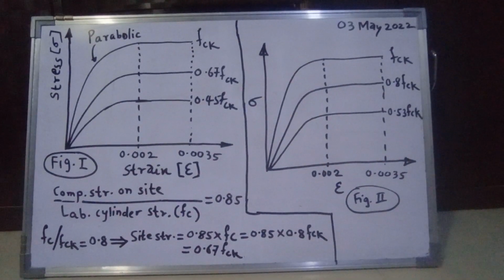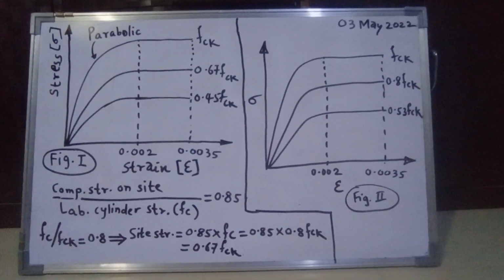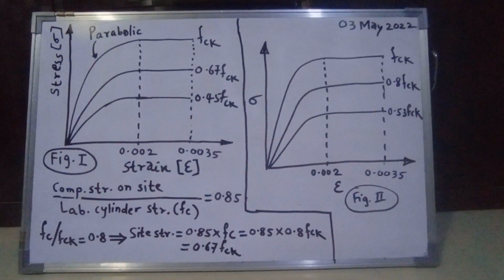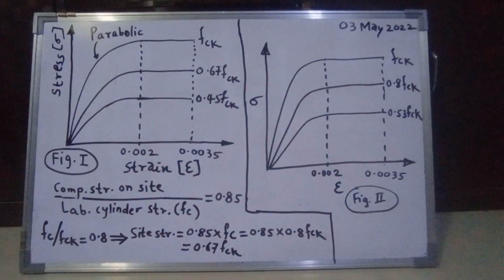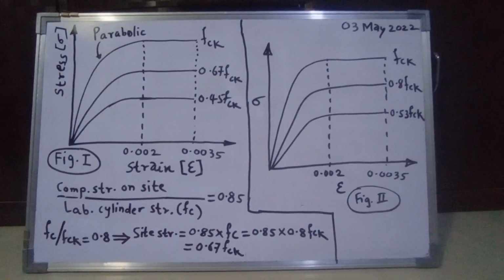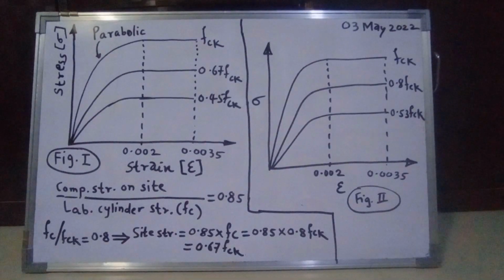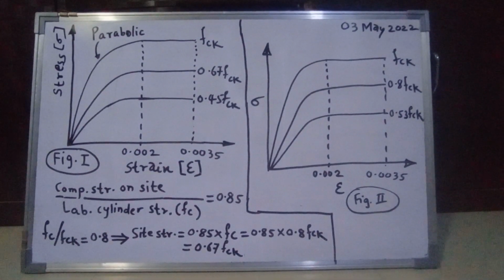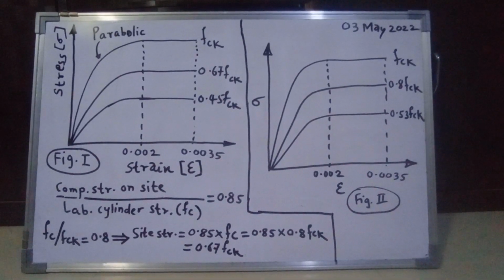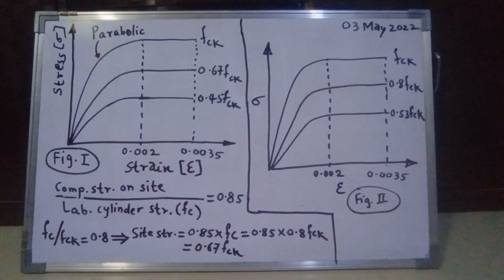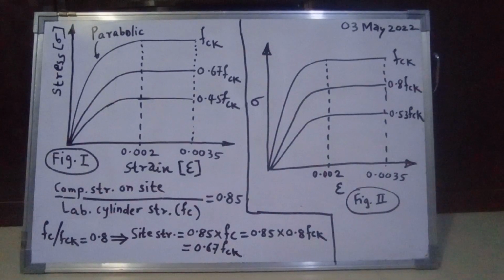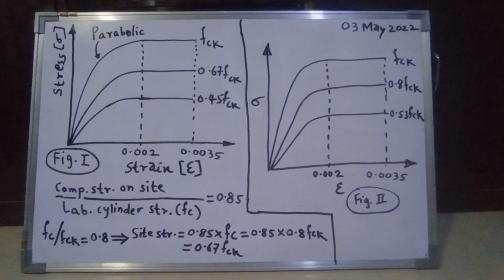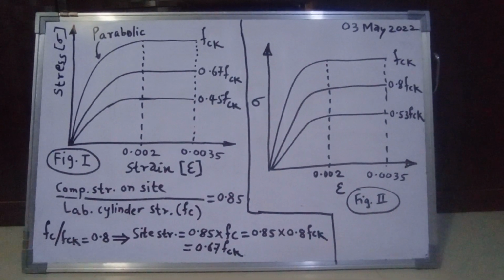Now again, it is a well accepted fact all over the world that the ratio of cylinder strength FC to the cube strength FCK, that is FC by FCK, is normally 0.8. That means cylinder strength is usually 80% of the cube strength.